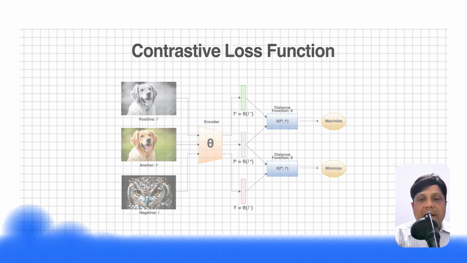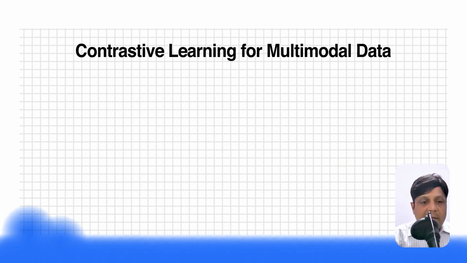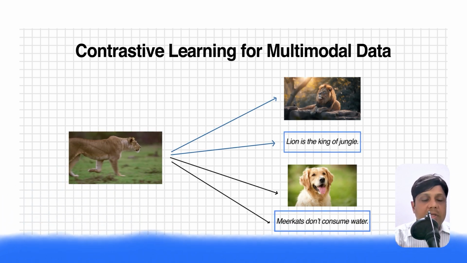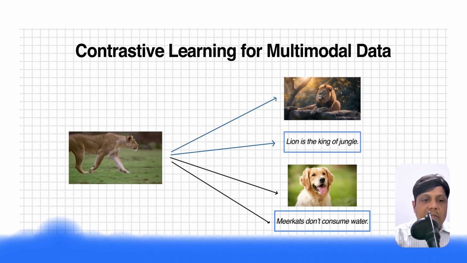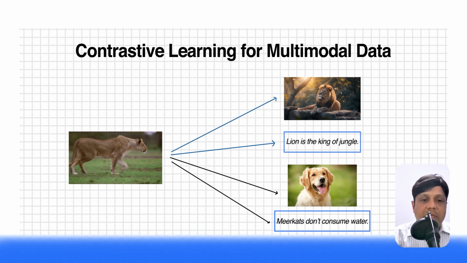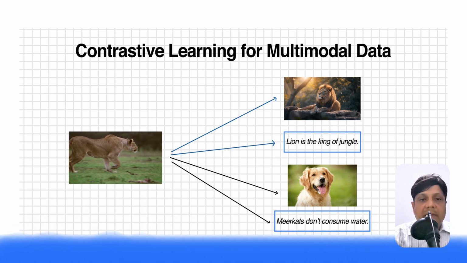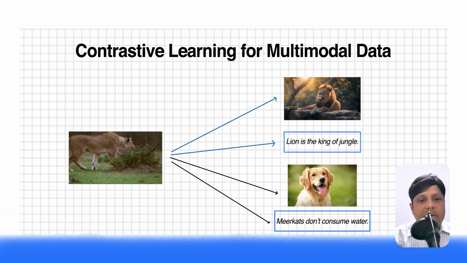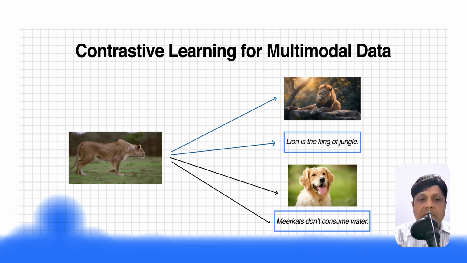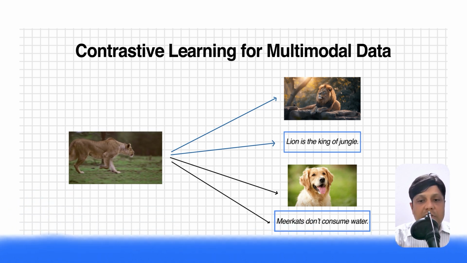Now, when we have multimodal data, that's what we do. Irrespective of the modality, if they mean the same, then, let's say we have the anchor as a video where a lion is running, the positive example could be an image of a lion sitting on a rock, or a text which says "Lion is the king of the jungle."